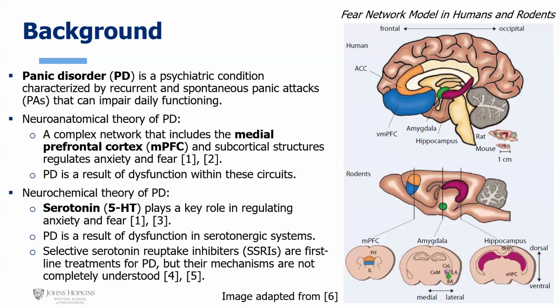It's not completely understood. We know that SSRIs reduce the reuptake of serotonin back into the main neurons, mainly from the dorsal raphe nucleus, but we're not quite sure how it works.